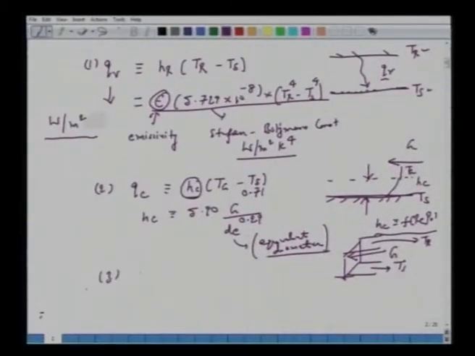Third is your QK, so heat transfer by conduction. So essentially we are applying Fourier's first law, minus K dT by dy at any location y. So now what we say is that we have this metallic surface at the bottom which is non-drying. This will also have a certain thickness, so it's a tray which has a thickness, we said Zm.